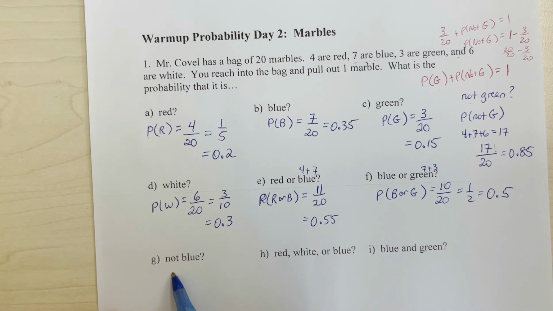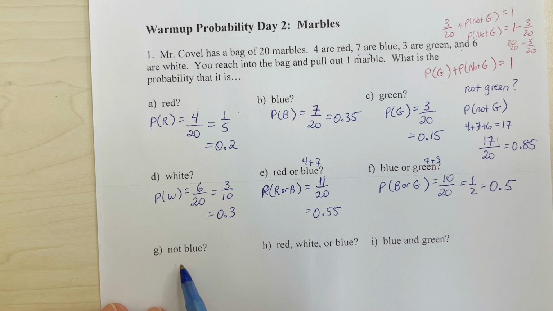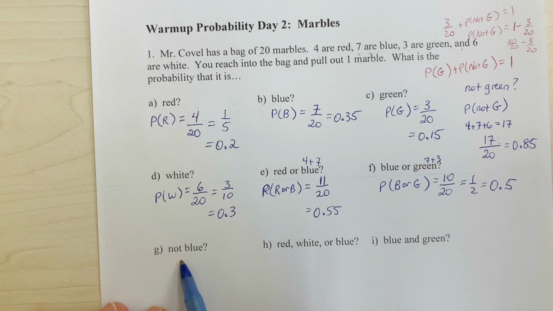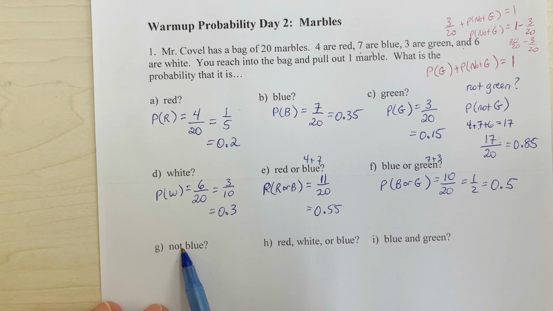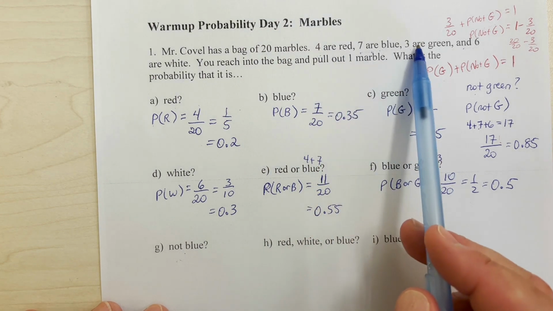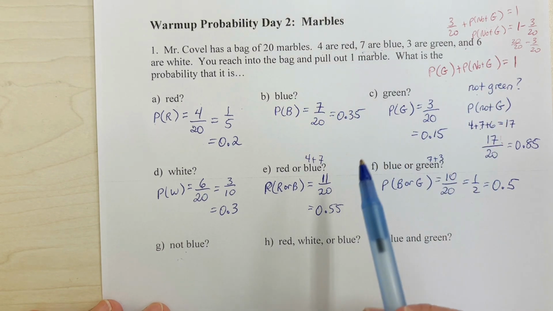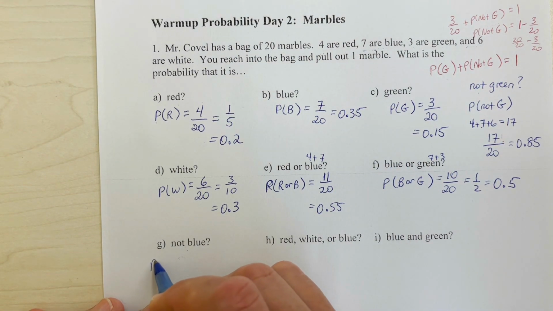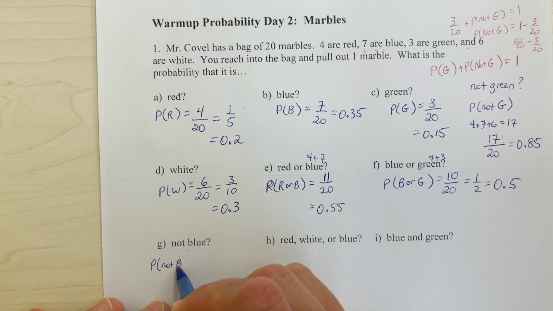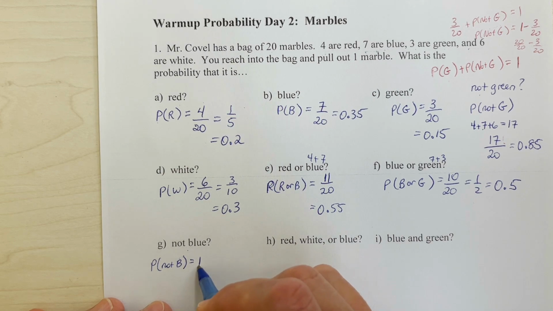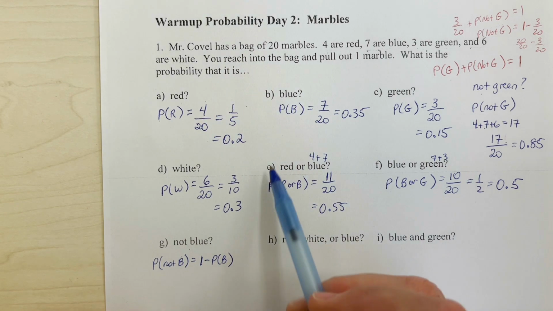What's the probability of not blue? Now this is where we can do this 2 ways, kind of like the one that I did here. Not blue means it could be red or green or white. I could add those up, but I could also just take 1 minus the probability of blue, which we already got here.